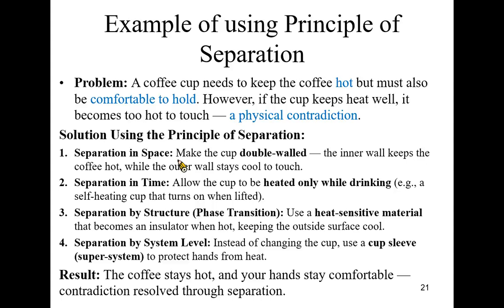In the principle of phase transition, we use heat-sensitive materials that become insulating when hot, keeping the outside surface cool. Different materials. And lastly, the supersystem: instead of changing the cup, we use a cup sleeve cover to protect the hand from the heat. So from these principles, we can solve the physical contradiction.